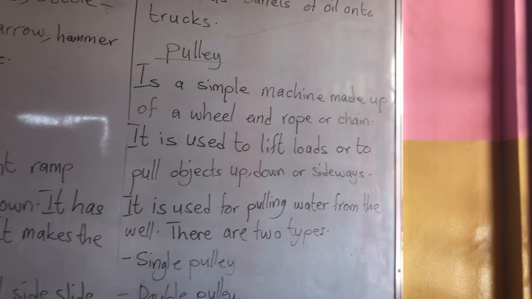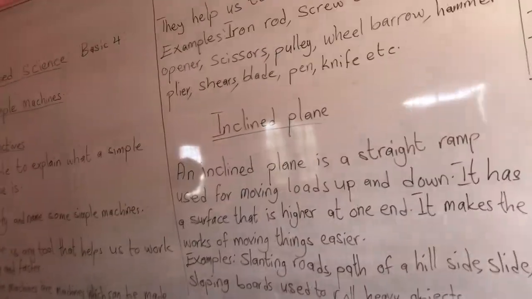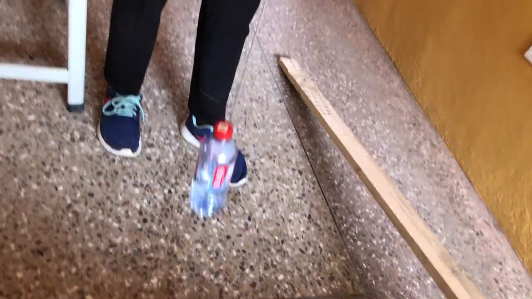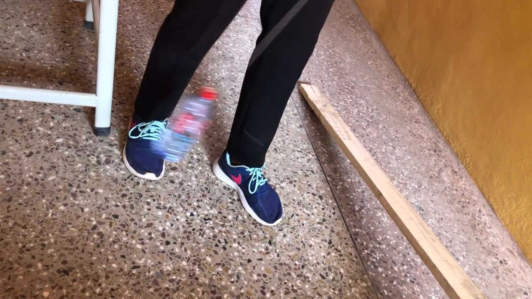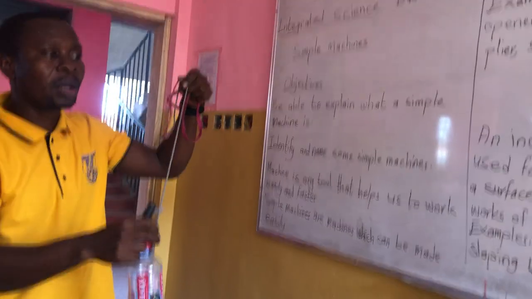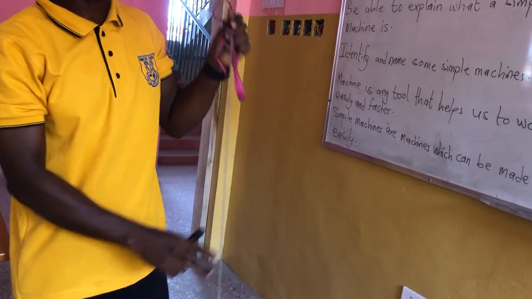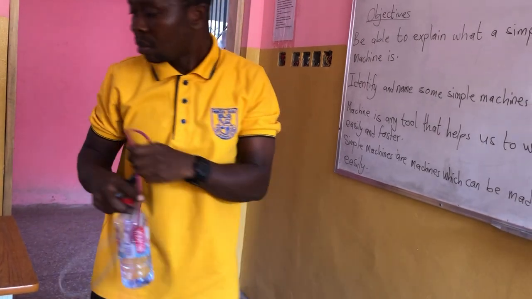For example, when you want to lift water from your well, your parents tie a rope onto a bucket, then they throw the bucket into the well and fetch the water. After fetching the water, they pull it out. In that process, that simple machine is called a pulley.